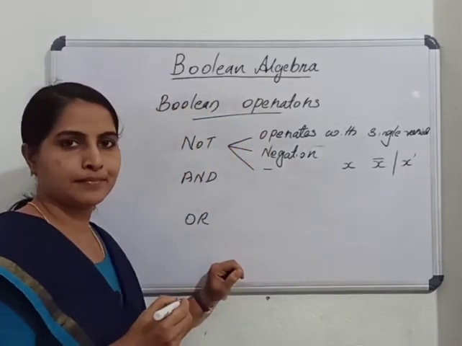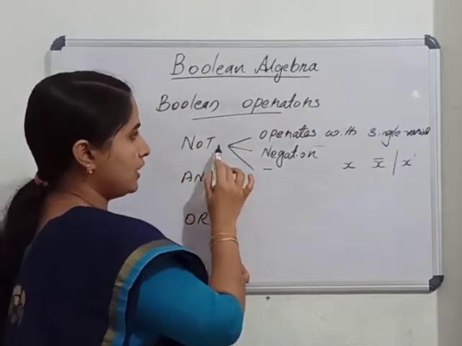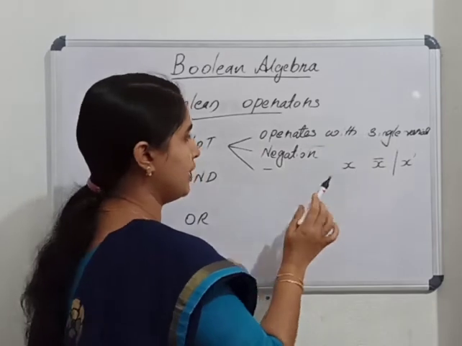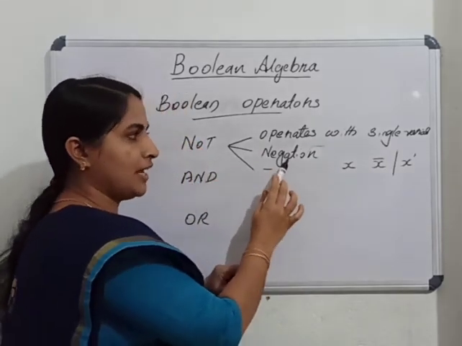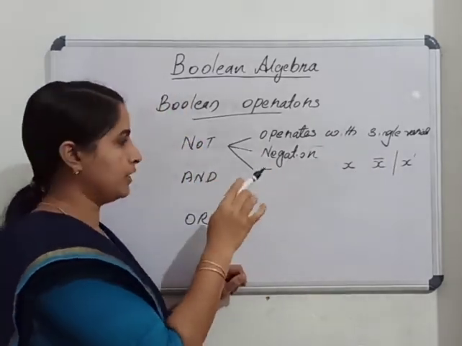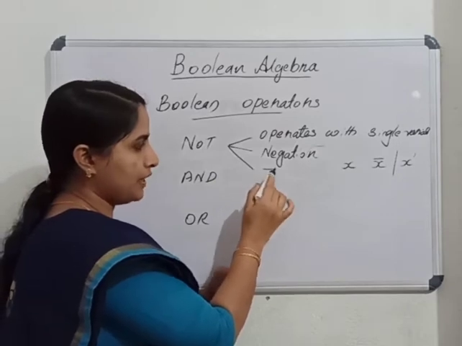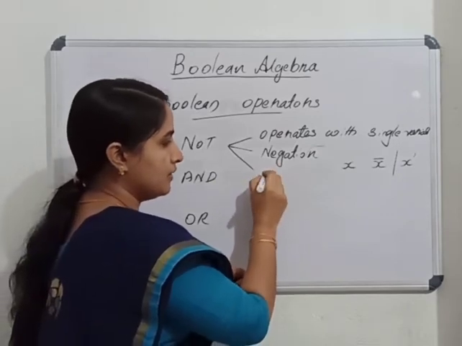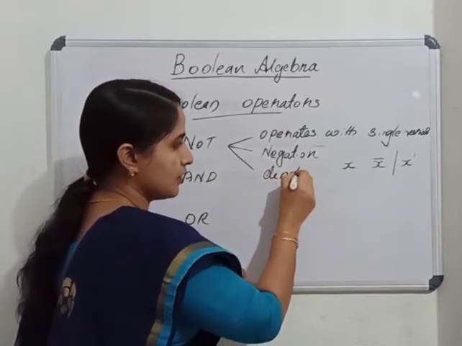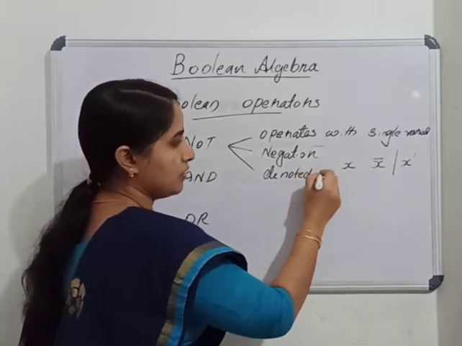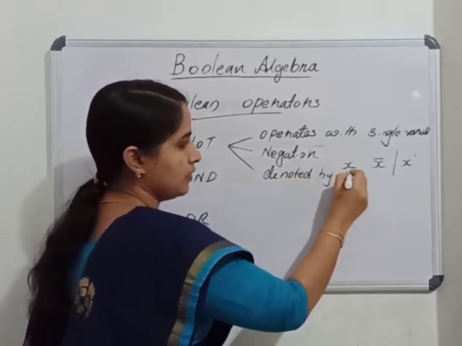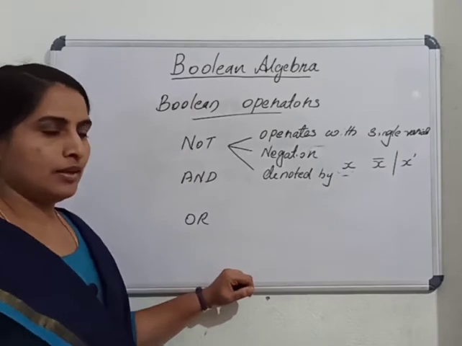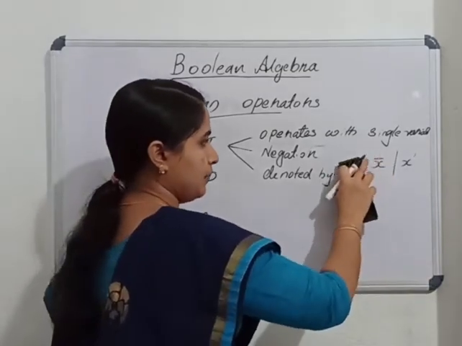Both are same. So once again, not operates with a single variable and it shows the negation of an expression or a variable, and the not operator is denoted by this bar. Okay, example, if x is a variable, x bar.